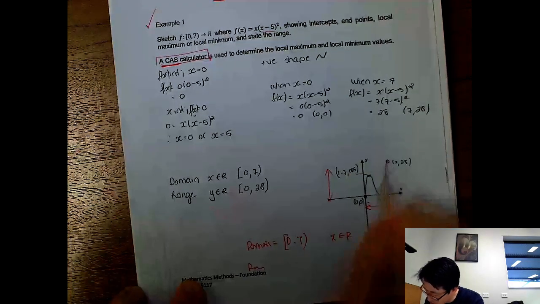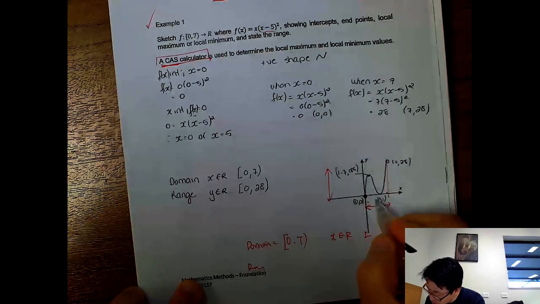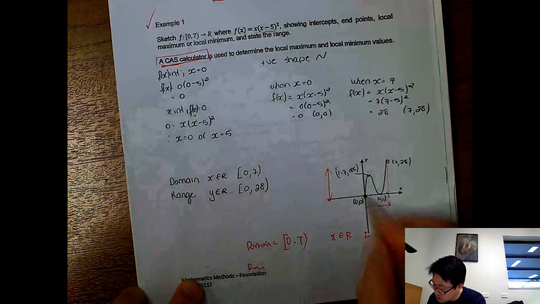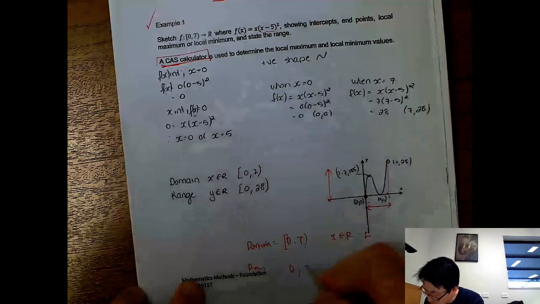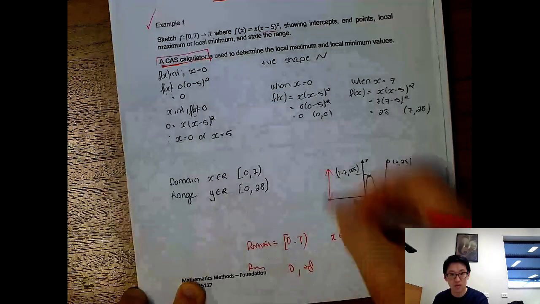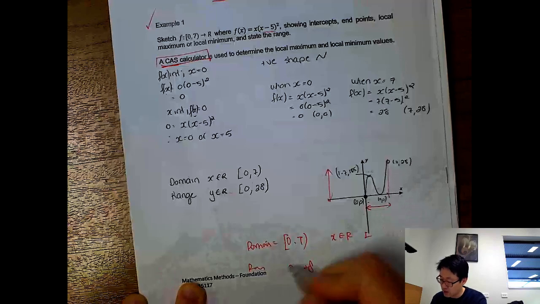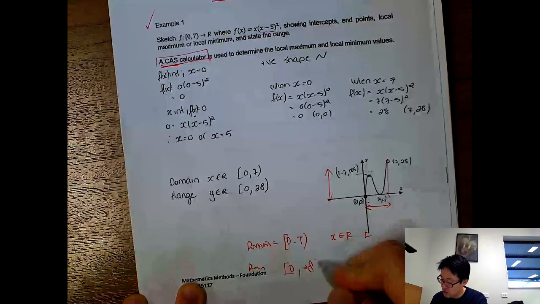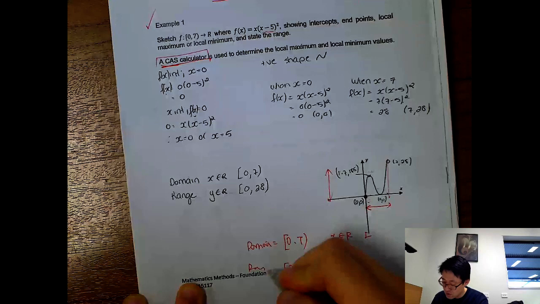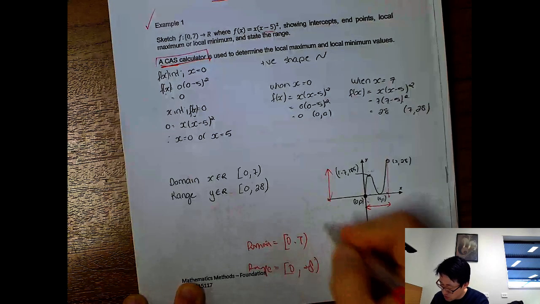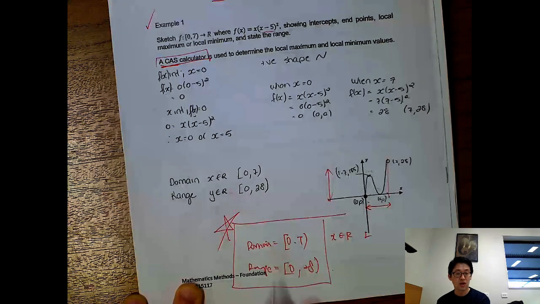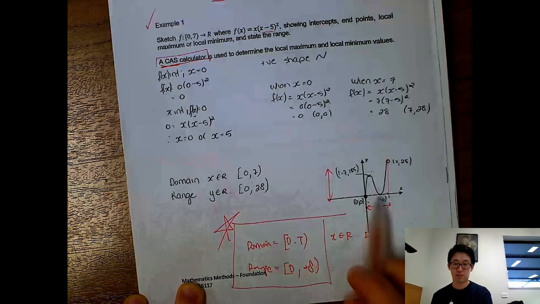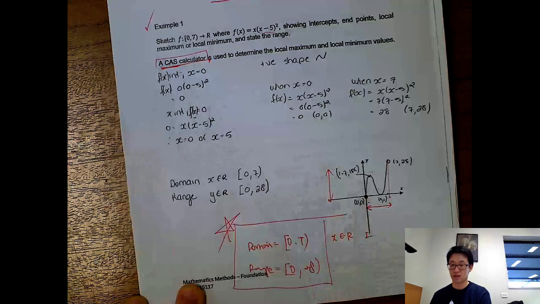Go and check from the lowest point, which is 0, so 0 to the highest point 28. Check the y value, and that includes, good. That's excluded. Range, that's how you write it down. You must be able to do that, but you don't have to draw. You can use the calculator. All right, good.